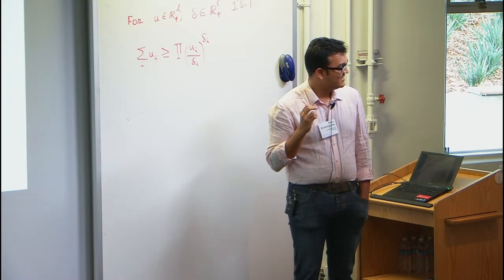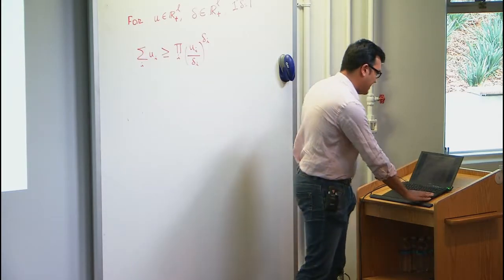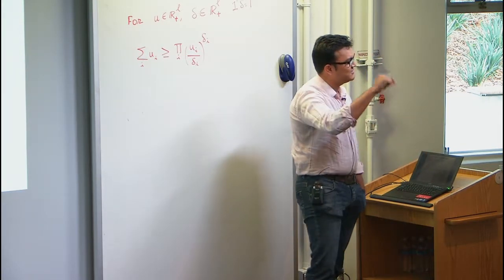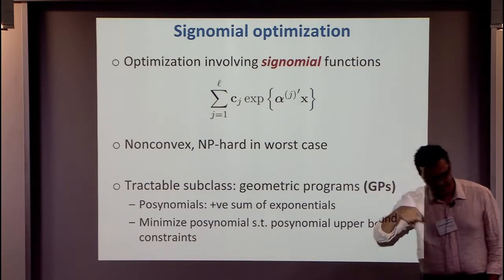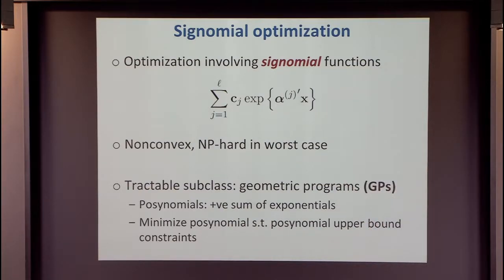Why do exponentials include polynomials? For instance, I could just do a change of variables: if you change each e to the x_i to y_i, you're solving a polynomial optimization problem over the orthant. But if you have other constraints, then you can't do that.